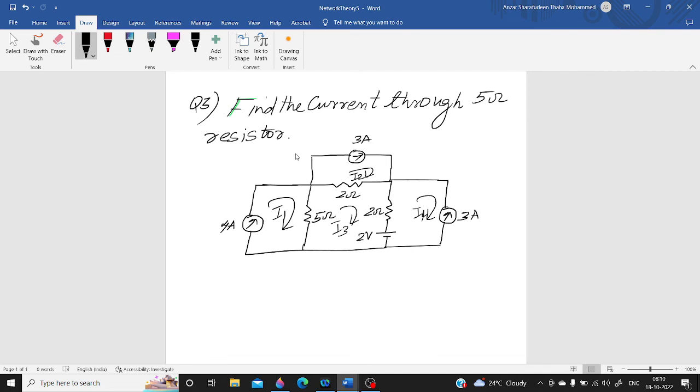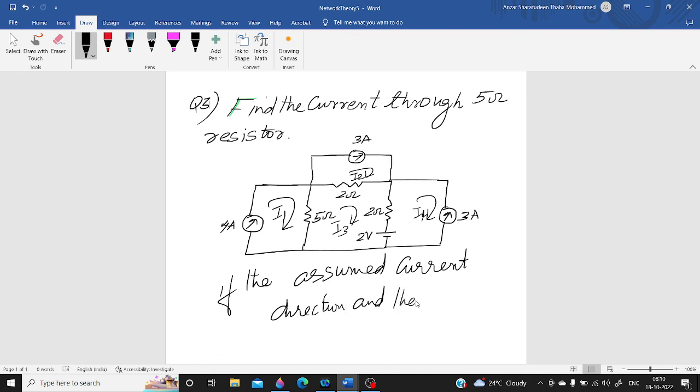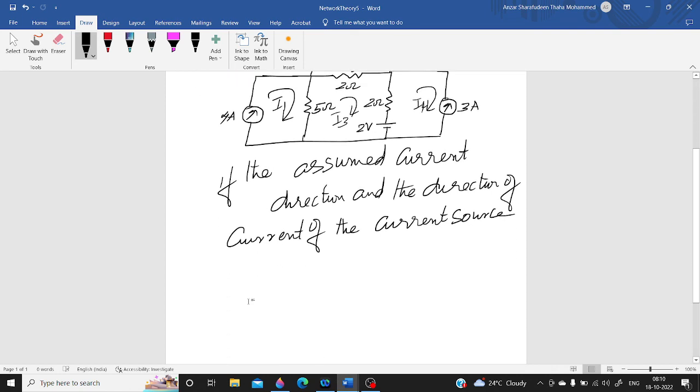If the assumed current direction and the direction of the current source are the same, take it as positive.